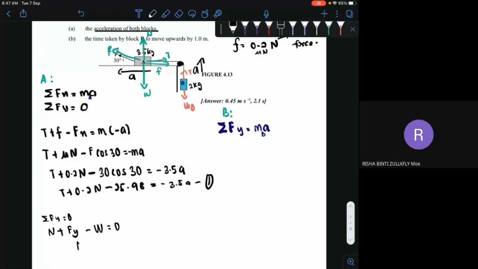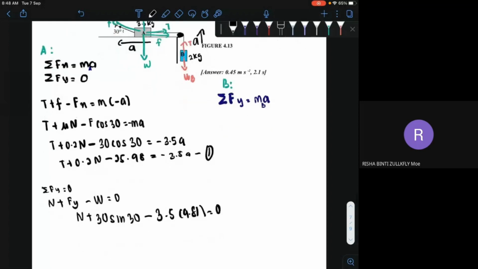So normal campur dengan 30 sin 30. Because your theta here is touching your X. So your Y akan ambil sin. Minus dengan mg, 3.5 times 9.81 equals to 0. So kalau kamu tengok ini semua boleh tekan kalkulator. 30 sin 30 tolak 3.5 times 9.81. You should get negative 19.33.